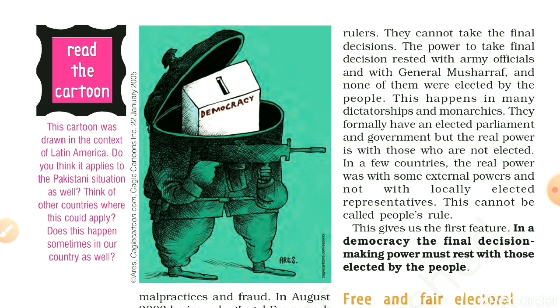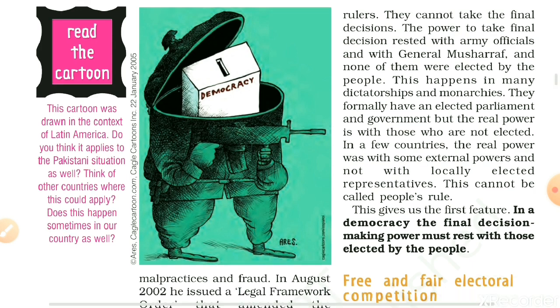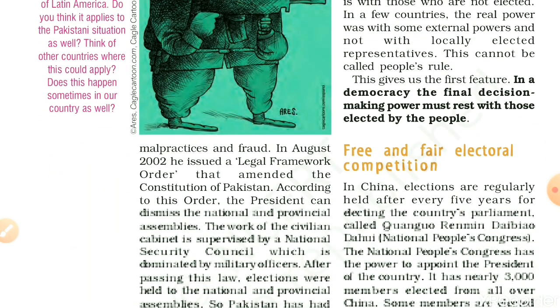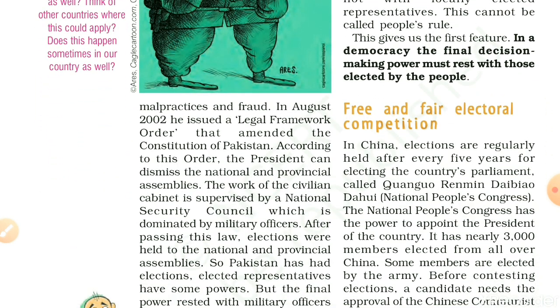Let's talk further about President Pervez Musharraf. When he became president, he issued the Legal Framework Order in 2002, and that amended the constitution of Pakistan. According to this order, the president can dismiss the national and provincial assemblies. That means the president becomes supreme in the country, above the parliament.